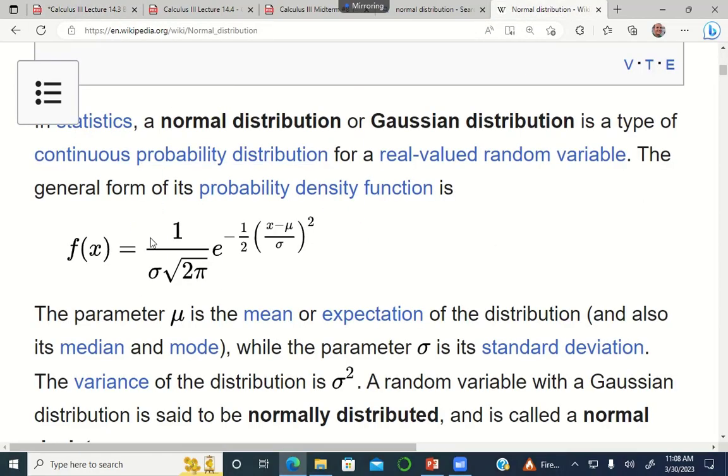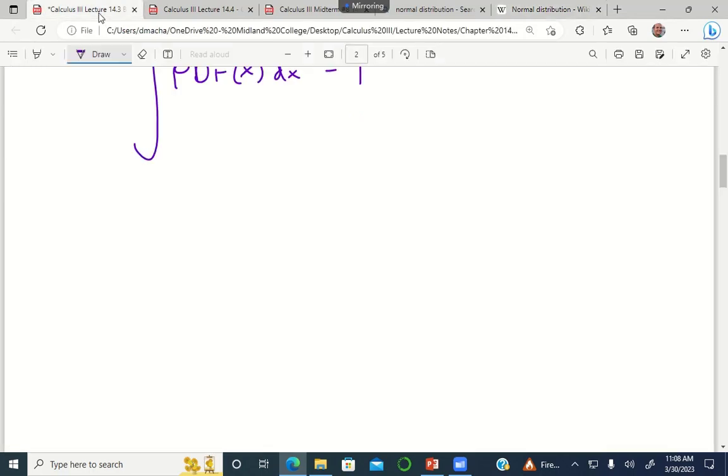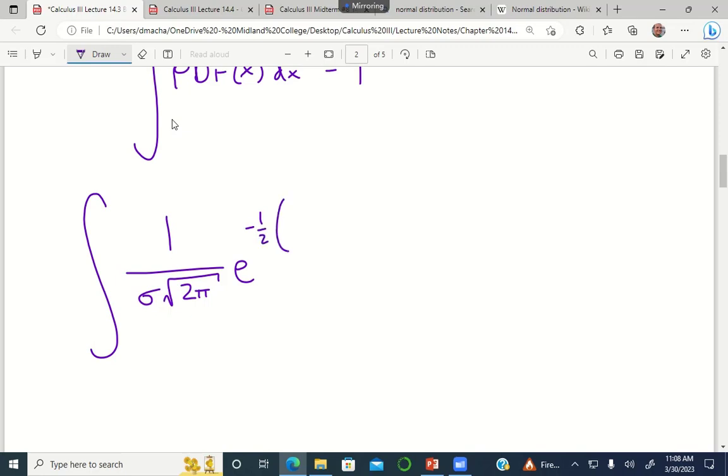Then if I take this formula and I pop it into my integrand, this is going to look like the integral of 1 over sigma square root 2 pi e to the power negative 1/2 of (x minus mu over sigma) all squared dx.